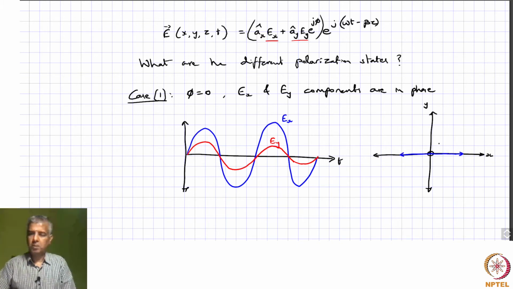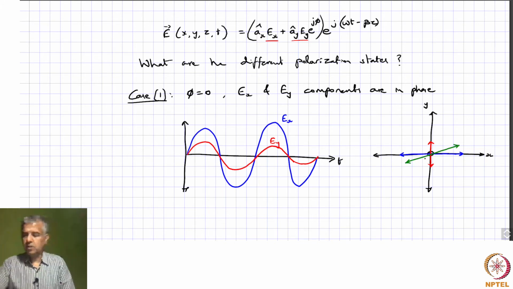So Ey is something like this, and Ex is going to evolve like this, and both have equal amplitude. Okay, so this is your Ex and this is your Ey.